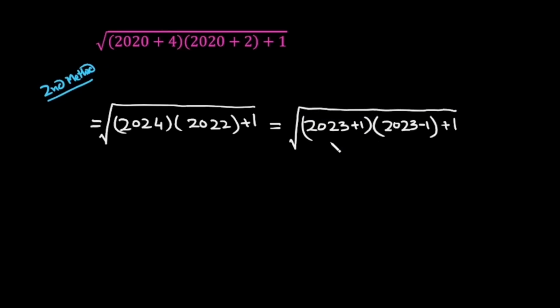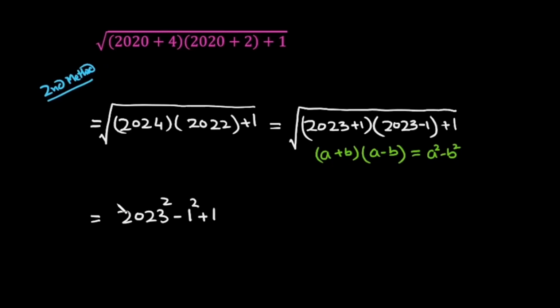This is our formula: a plus b times a minus b is equal to a square minus b square. So this is equal to 2023 square minus 1 square plus 1 under root.